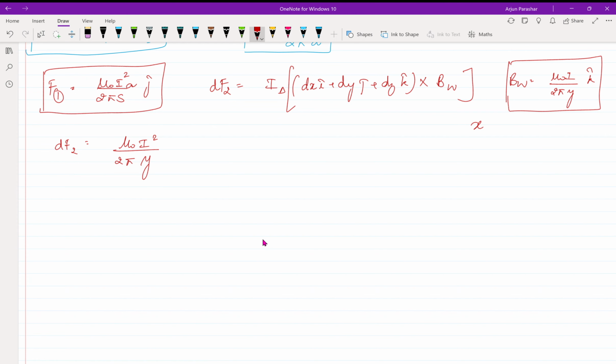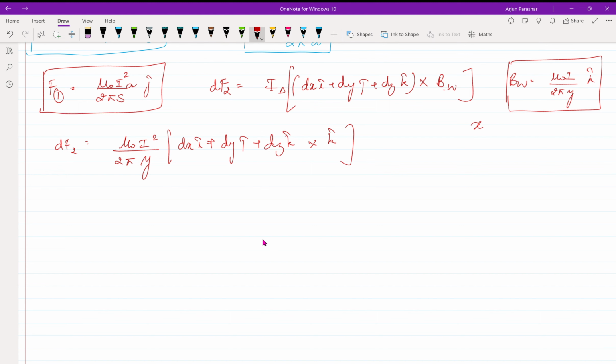So mu naught I, this I and one I from here, I square over 2 pi y, and now it is in the k cap direction. For the k cap direction, we need to be very careful about how the cross product will work. So dx i cap plus dy j cap plus dz k cap cross k cap.